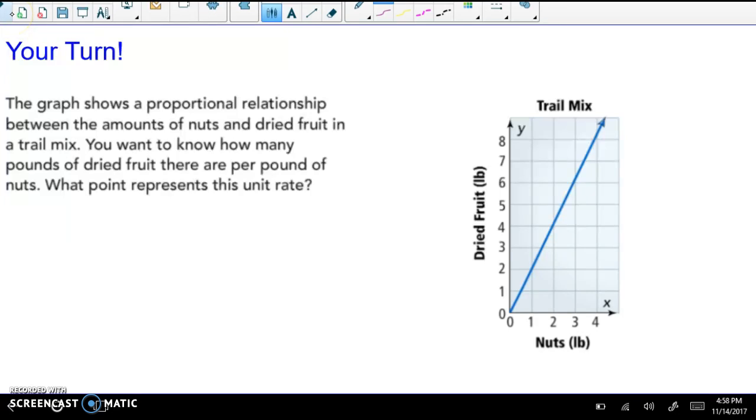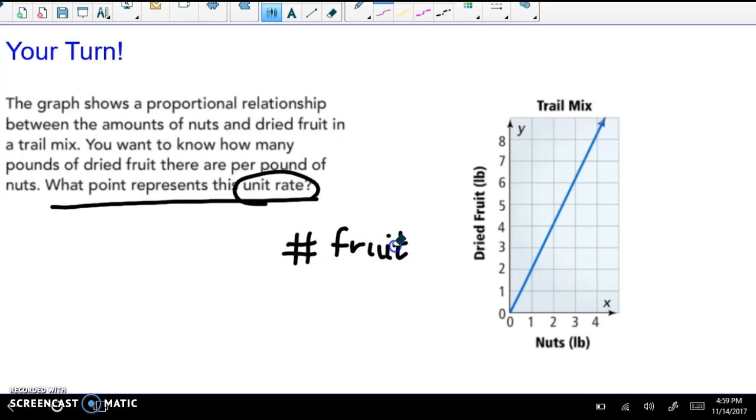All right, your turn to check it out. Feel free to pause the video and test your knowledge. We have a proportional relationship between the amount of nuts and dried fruit in a trail mix. It's making me hungry. So you want to know how many pounds of dried fruit there are per pound of nuts. We want to know what point represents this unit rate. If it's a unit rate, I want pounds of fruit per 1 pound of nuts.